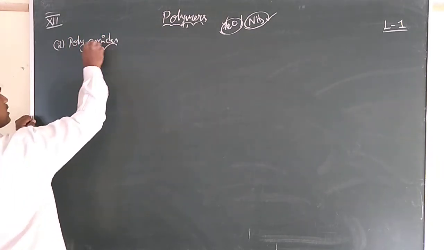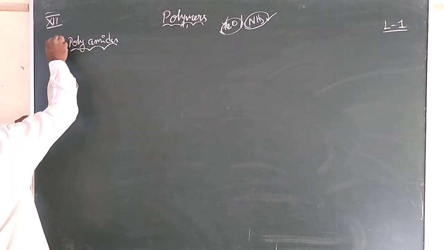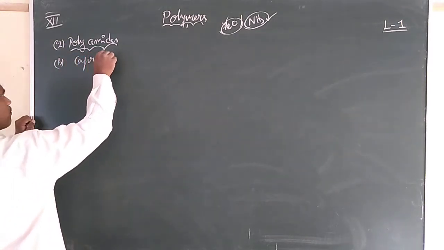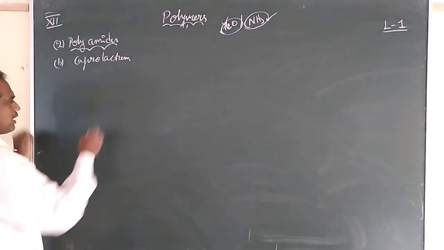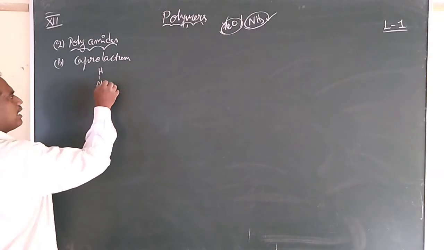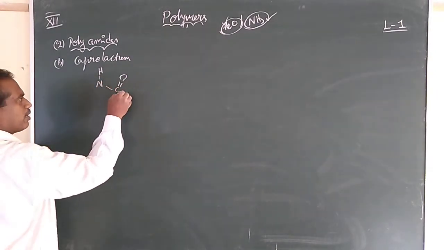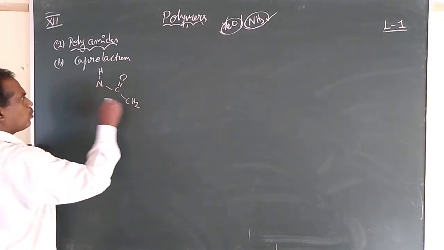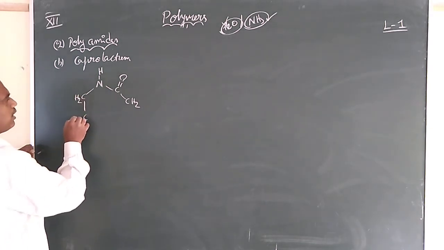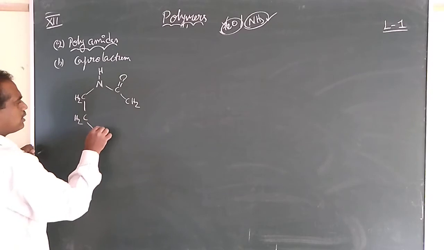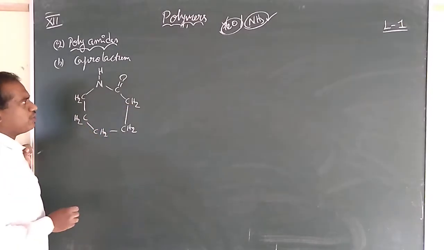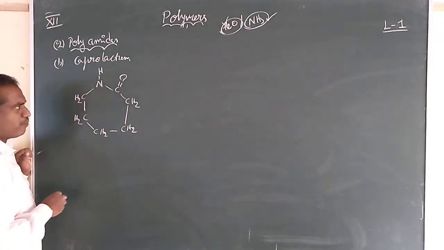Under polyamides, the second example is caprolactam. What is caprolactam? It is a 7-member ring, children. NH, C double bonded O, CH2, CH2. This is the initial reactant.